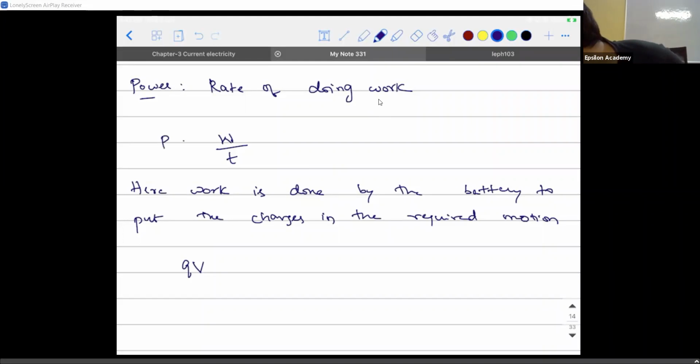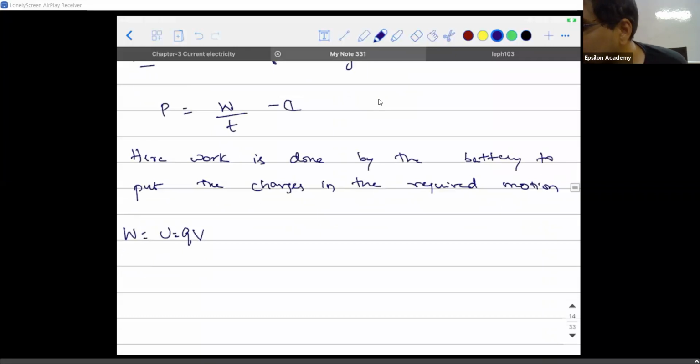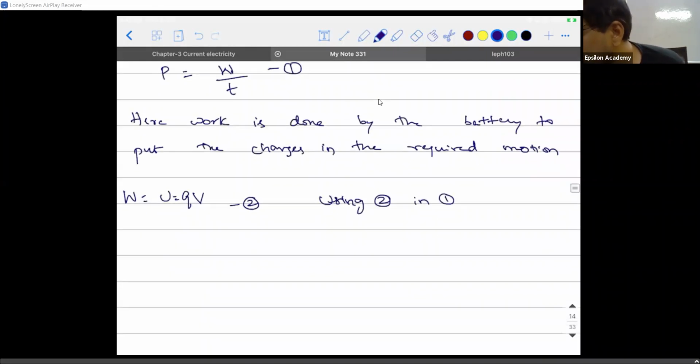So power is equal to W by T. Work done is equal to electrostatic potential energy, which is Q into V, right? Using 2 in 1, what do we get? P is equal to Q into V divided by T. What is this Q by T? Is it not the electric current I?